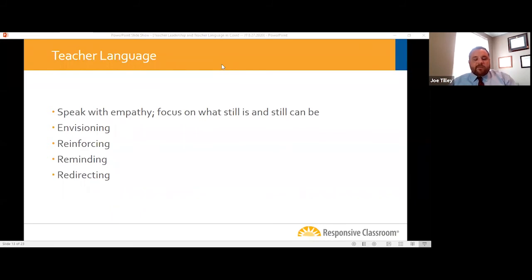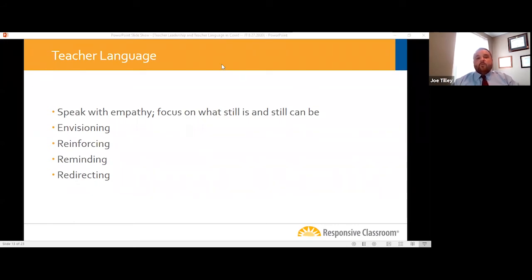First and foremost, I think it's important to remember to lead and speak with your students with empathy, because there's going to be a lot of focus on what is no longer. What I mean by that is we're going to have to spend quite a bit of time as educators making sure that our students are safe and our colleagues are safe. So the way that we would allow a student to go to the bathroom is now changed.